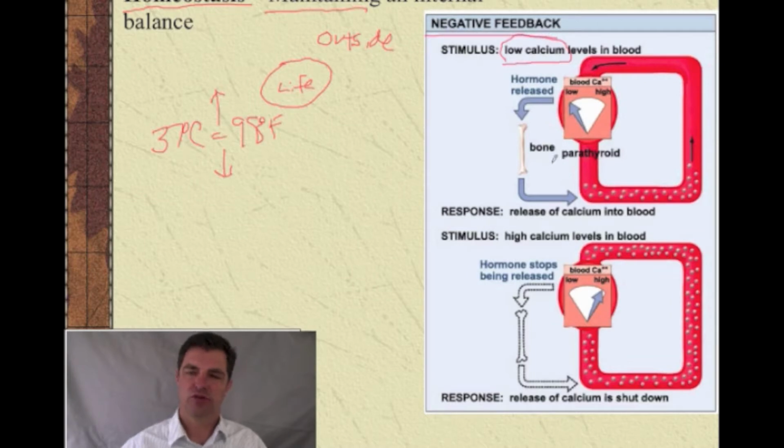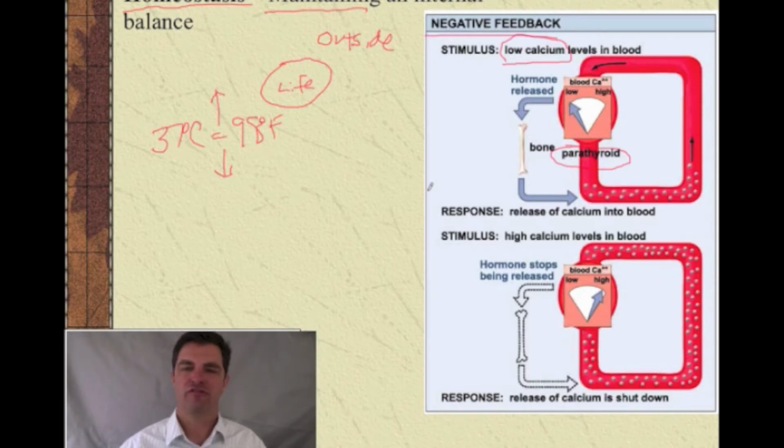In this case it's the parathyroid gland secreting parathyroid hormone. The hormone is designed to trigger a series of events in your body to take calcium from your bones and move it into your blood. And if your calcium levels in your blood are too high, the hormone stops being released and you shunt it back into your bone.